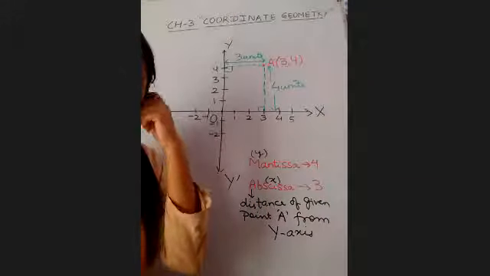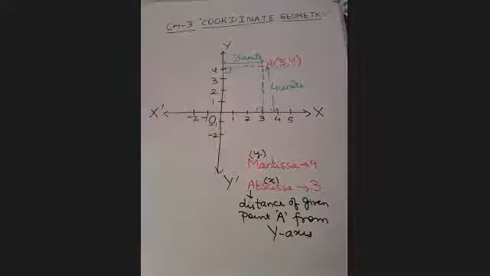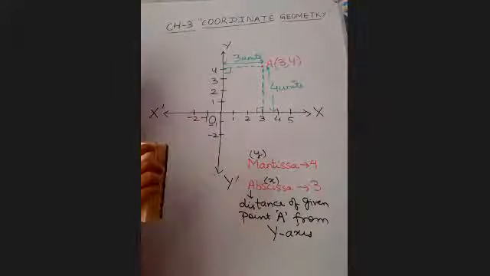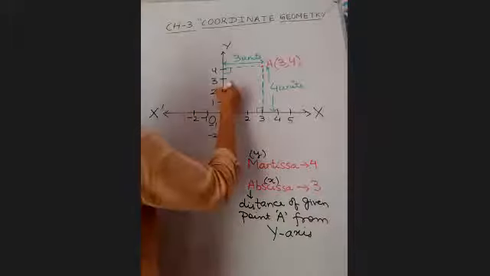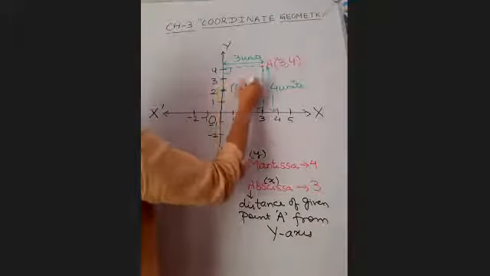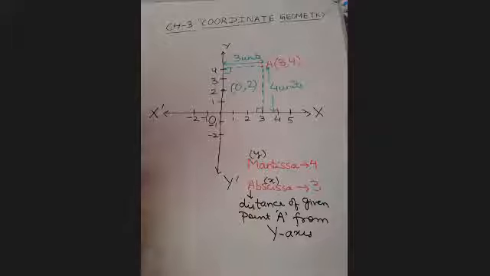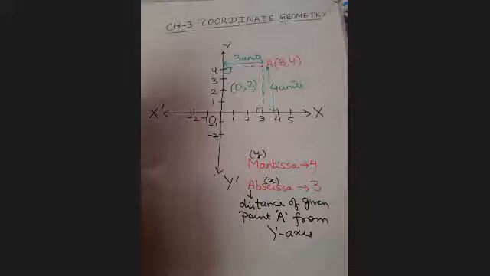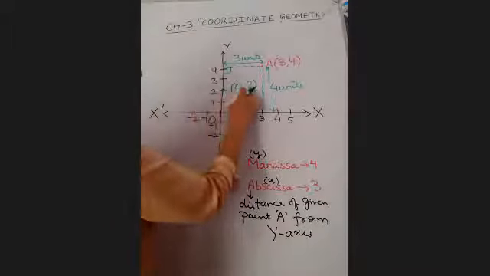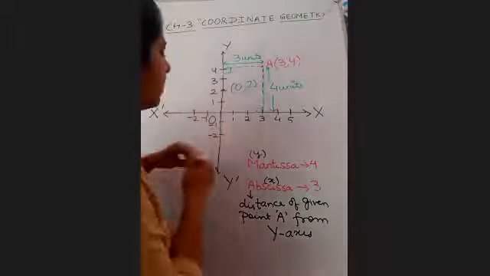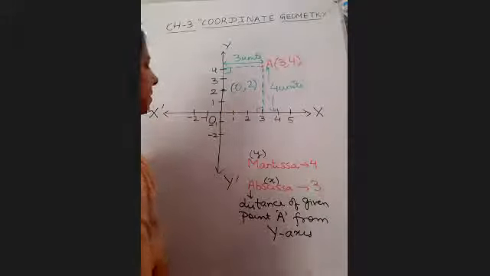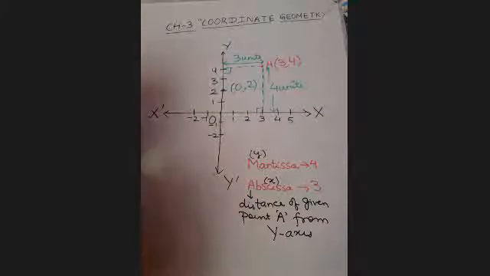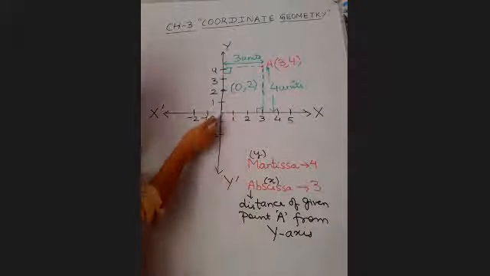ठीक है बेटा, right? Now one more thing I want to know from you. Suppose children, there is a point, this is the point 0 comma 2. How far is this point from x-axis? ये x-axis से कितना दूर है?